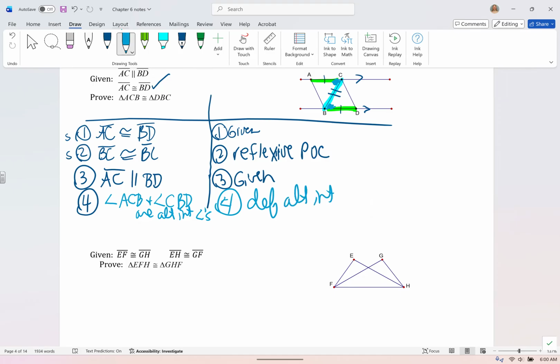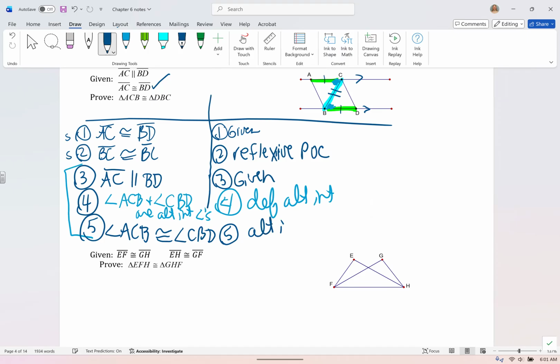And because the lines are parallel and they're alternate interior angles, what must be true about those angles? Well, they have to be congruent. So angle ACB has to be congruent to angle CBD. Why? Alternate interior angles theorem. Okay, so we have a side, another side, and an angle in between them that are congruent between both triangles.